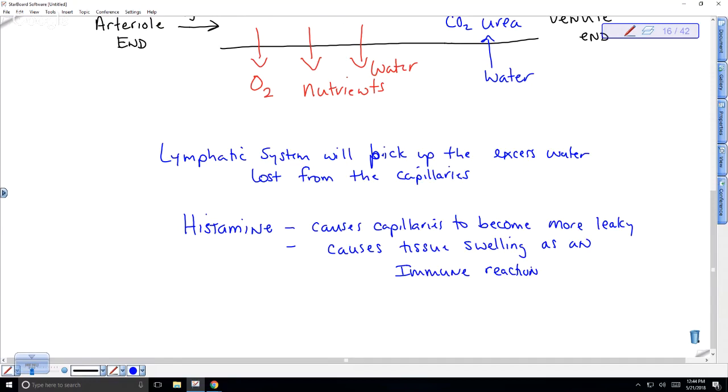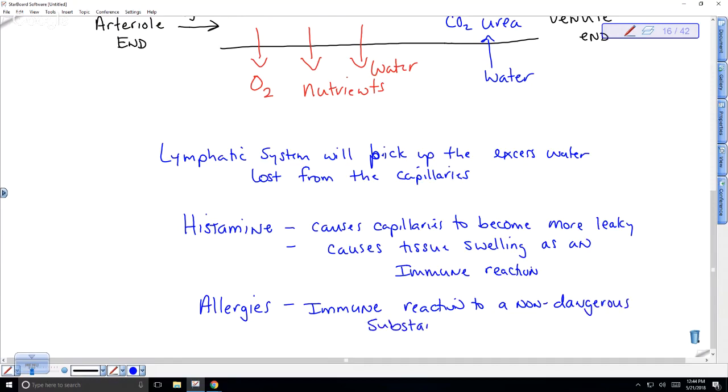If this is an allergy, allergies are an immune reaction to something that is not dangerous to your body. We talked about allergies and asthma when we were talking about hookworms, because it's the same part of the immune system that fights off parasites that is involved in allergic reactions.